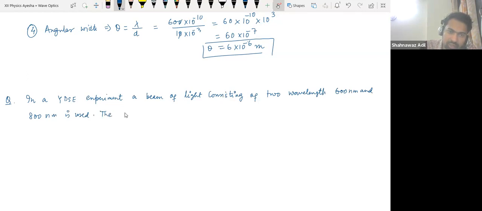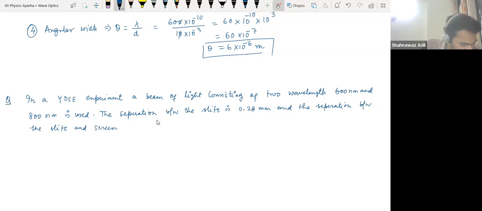The separation between the slits is 0.28 millimeters, and the separation between the slits and screen is 1.4 meters.